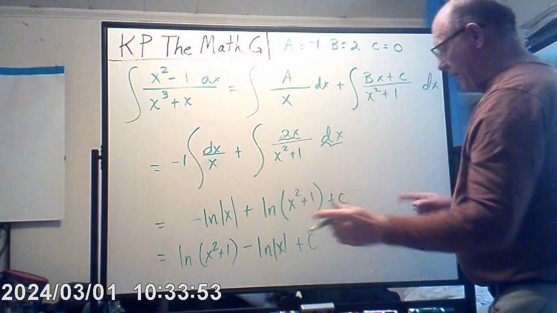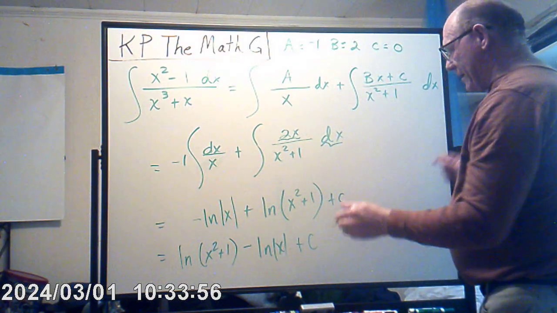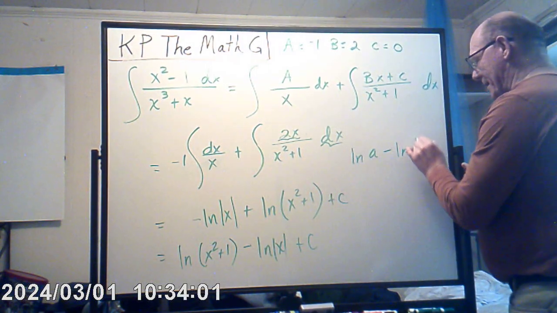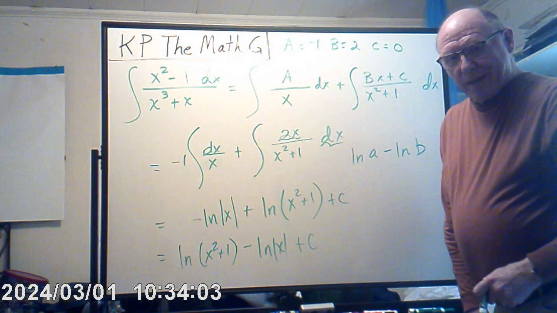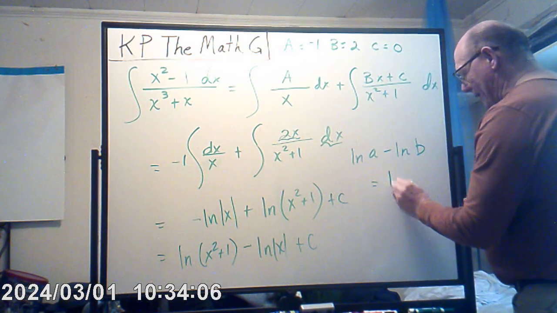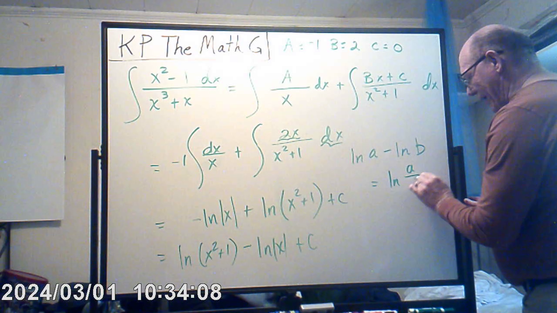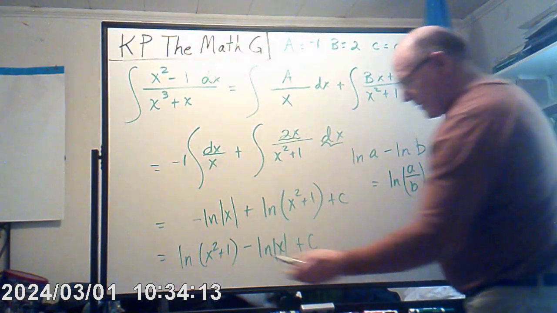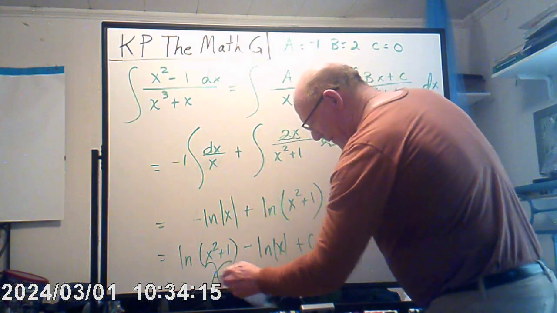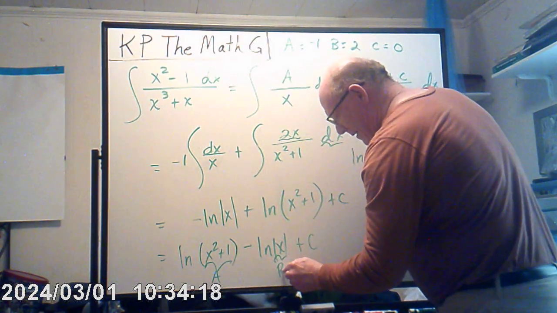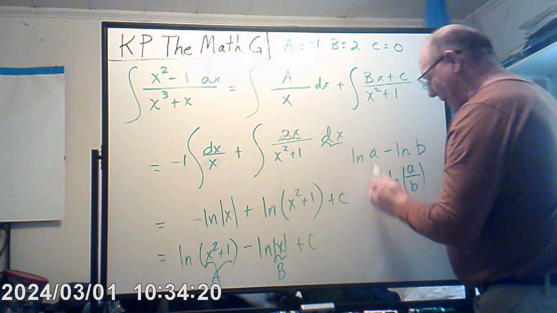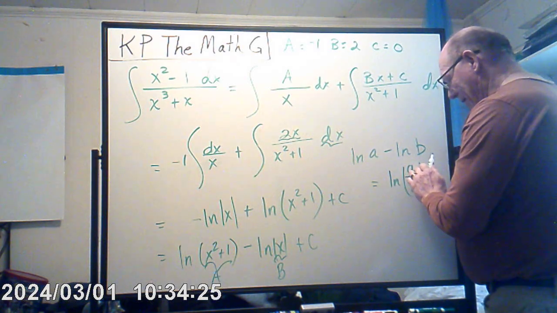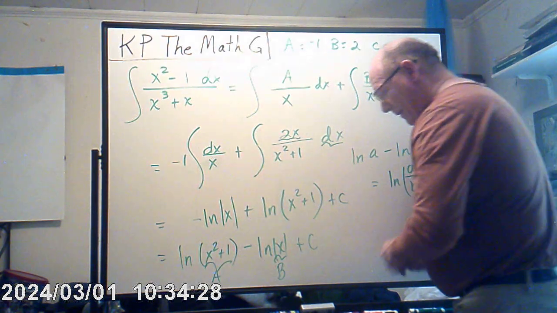Alright. Now there is another rule that we're going to write in just a little bit. Ln of a minus ln of b. Remember what that is? That's right. That's ln of a divided by b. Alright, so here we go.